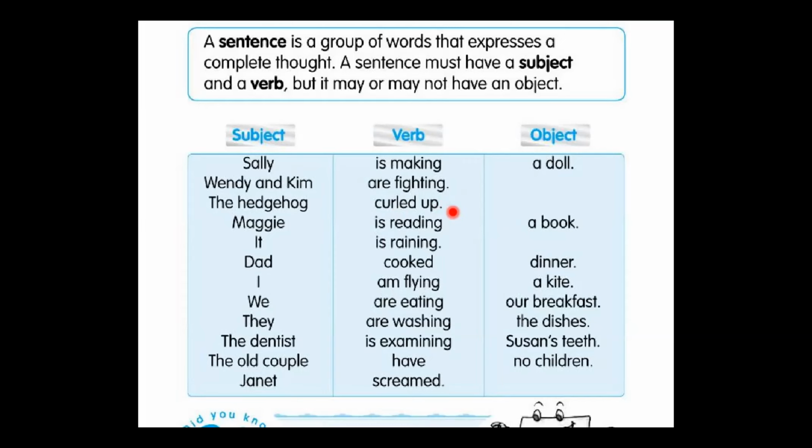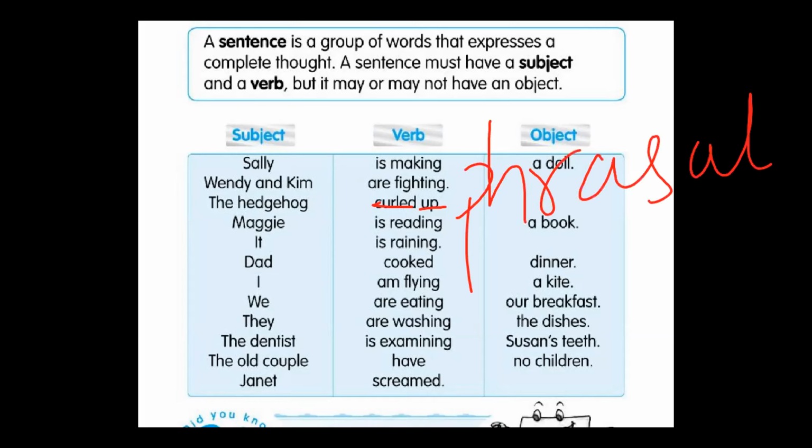But what is up? Up is a preposition. Yes or no? Yes, ma'am. So when a verb and a preposition come together, they are called phrasal verbs. Just now I said, right?